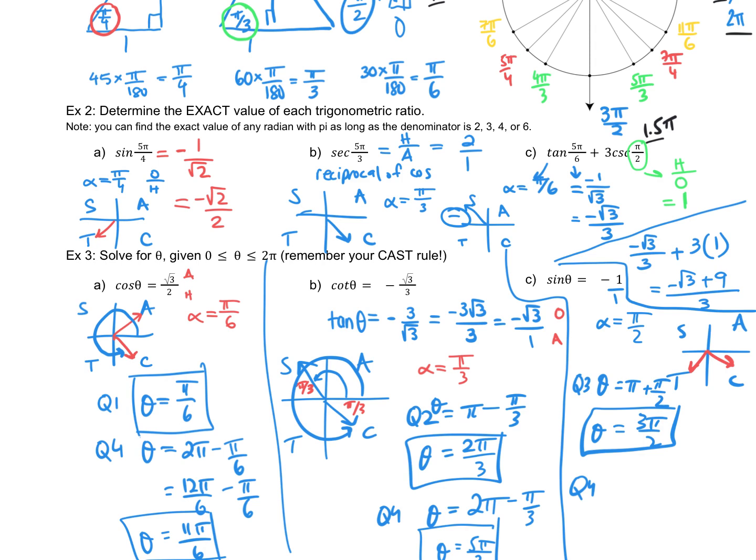And in quadrant 4, we're going to do 2 pi minus pi over 2, which is actually also 3 pi over 2. So we actually get the exact same angle, which means there's only one solution for this within the domain of 0 to 2 pi. And there we have it.